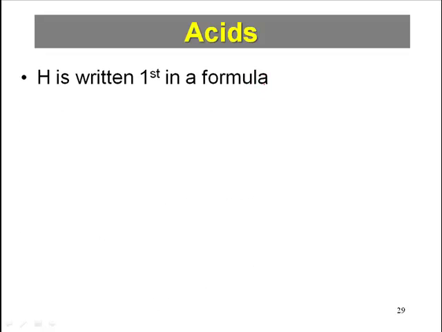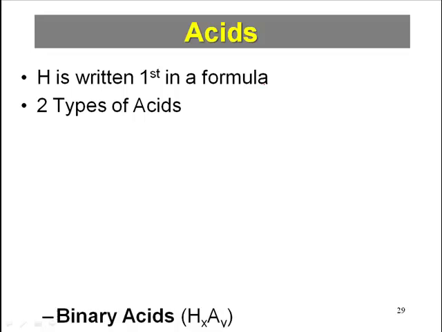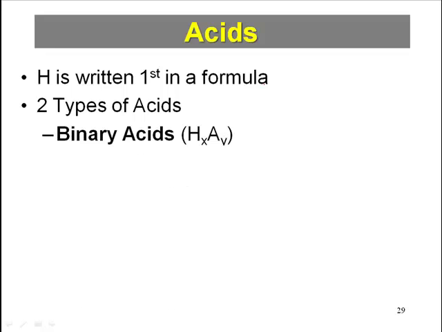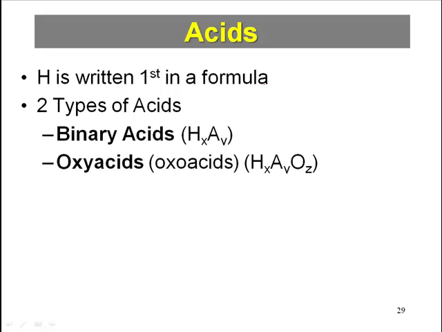So the name's the same, just add the thio. The next category of chemicals that we will most commonly use are the acids. We know H is written first in a formula of acids. There are 2 main types of acids. Binary acids, and what are sometimes referred to as oxyacids or ternary acids. I like ternary, but oxyacids works just great.